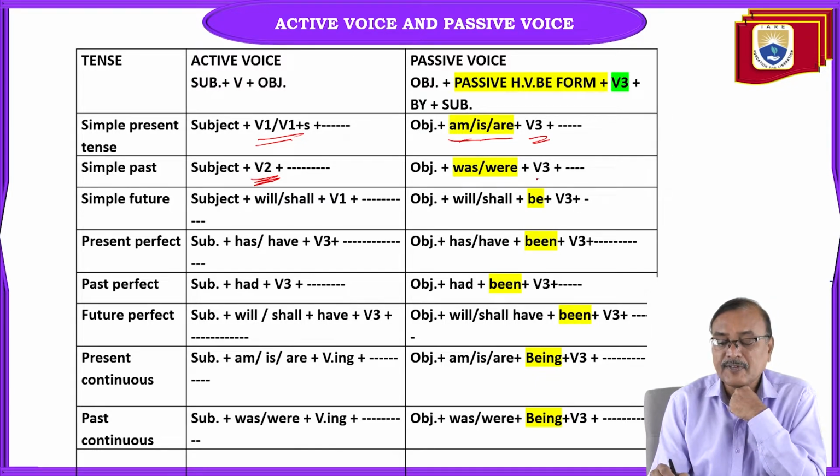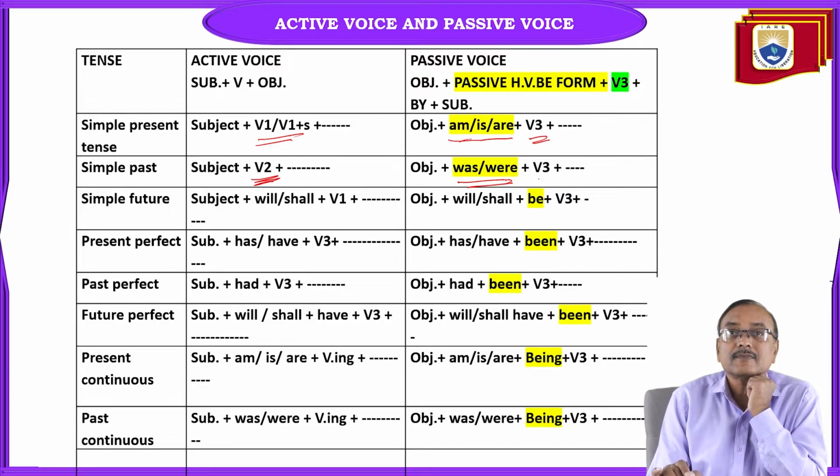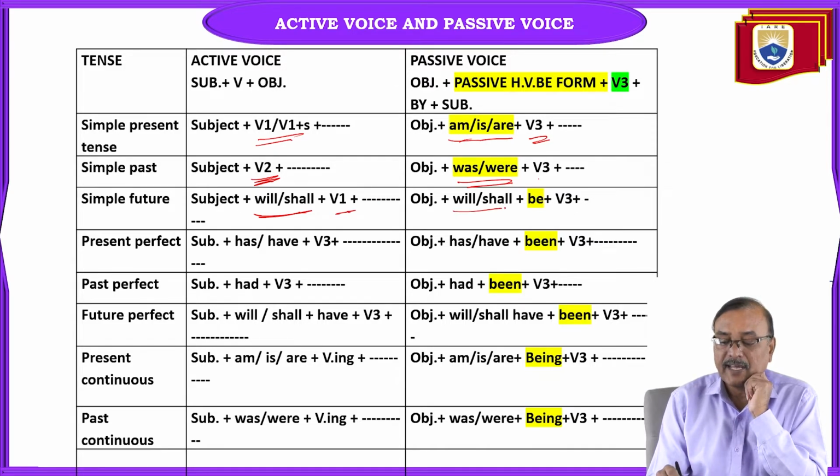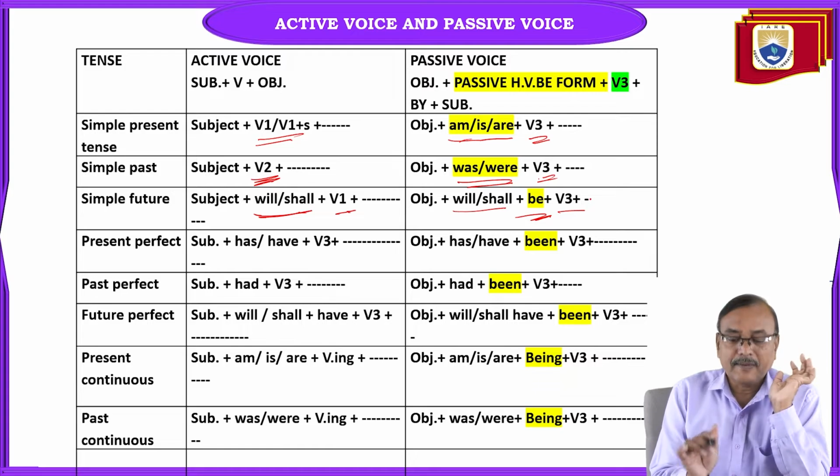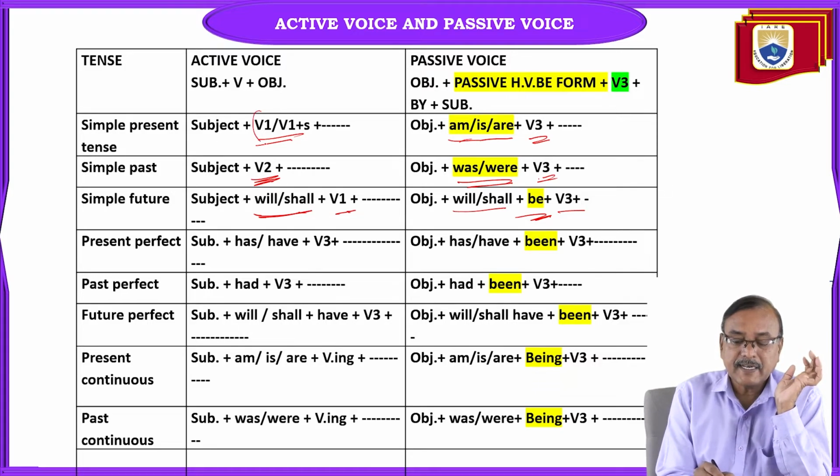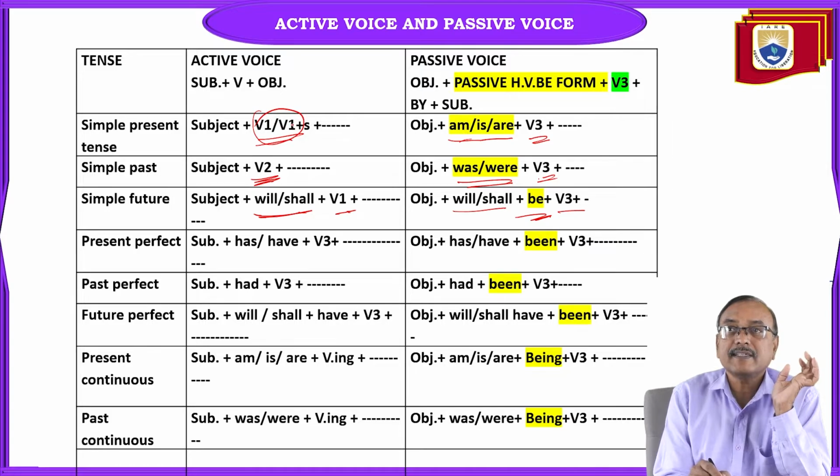In passive voice, before V3, was or were. In active voice, simple future, will or shall V1. In passive voice, will or shall, and before V3 what is coming? Be is coming. Simply remember that. If it is present here, after the subject V1, in passive voice before V3 keep am or is or are.